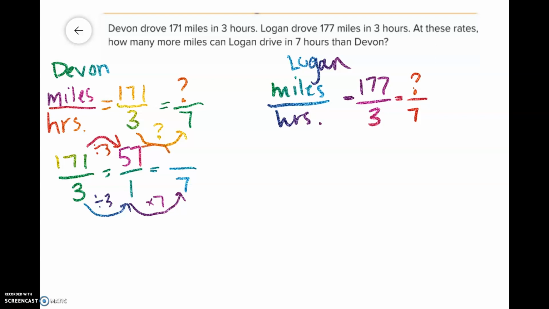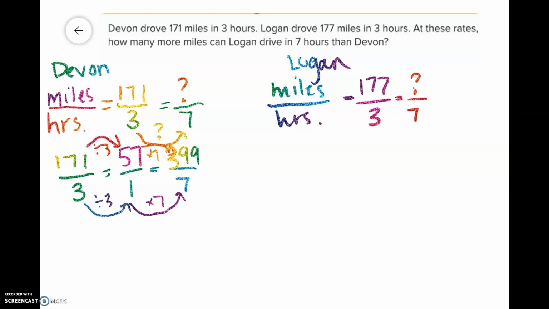And then I'm going to take that 57 and I'm going to times it by 7. Again, good time to get your calculator out. 57 times 7. My calculator button's sticking. Times 7. So I get that Devin can go 399 miles in 7 hours.